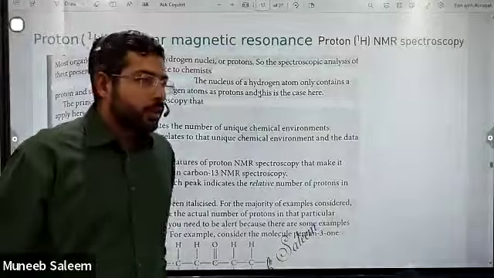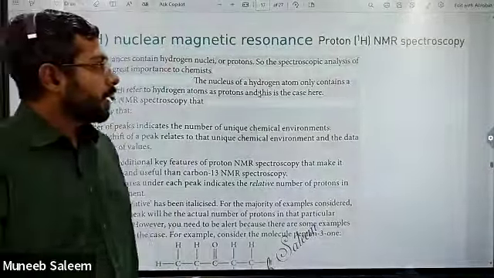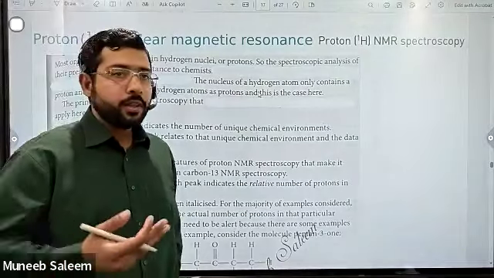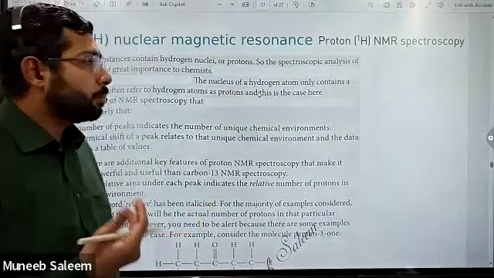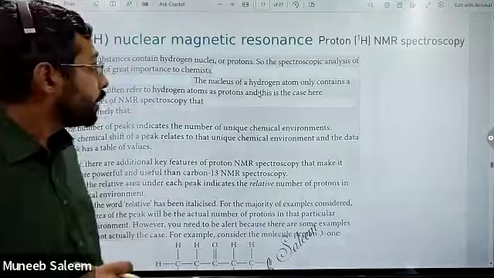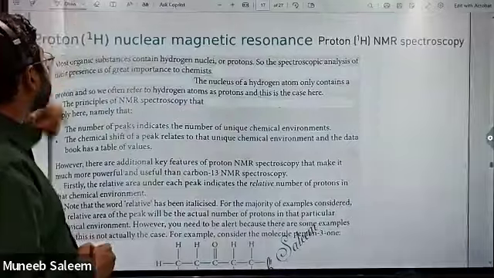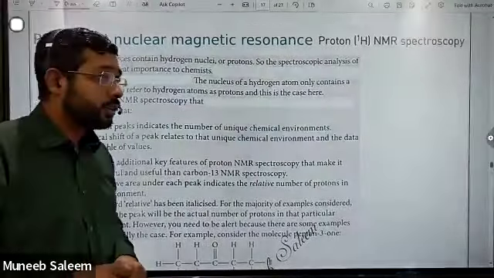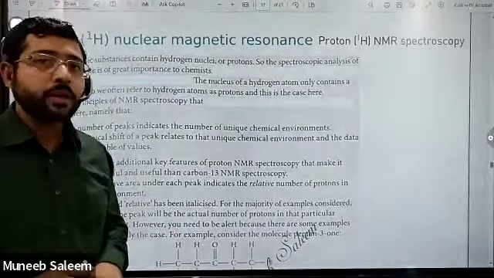So just like in carbon 13 NMR spectroscopy, we had seen how different types of peaks were visible on the NMR spectrum, and in the same way we will look at the peaks produced by the hydrogen atoms present in the organic compound.